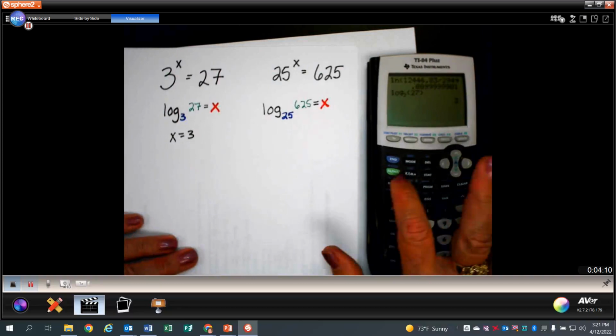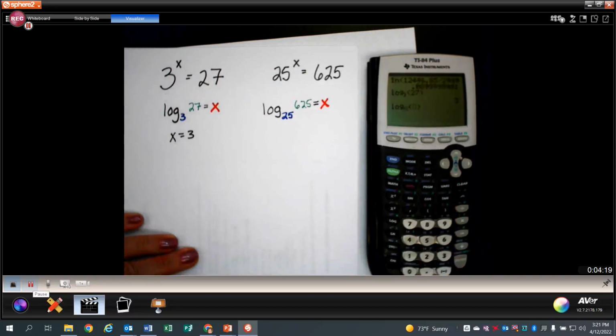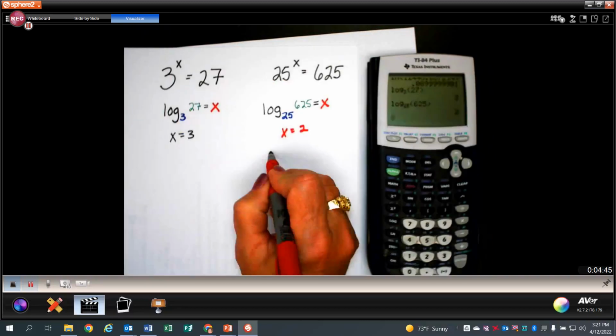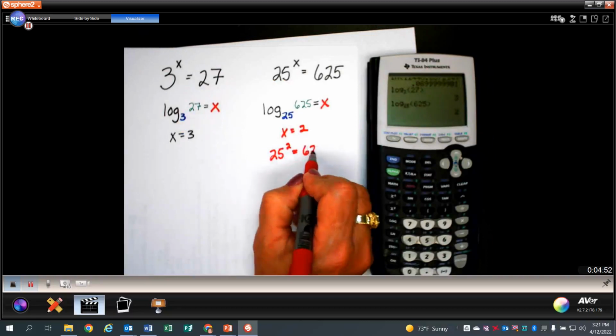So I have to hit math and scroll down. So log base 25, enter 625, and then you can do other math in here, but then you would end your parentheses. Then hit enter, and that answer, the exponent, is a 2. So x is equal to 2, which means if I take 25, the base, and raise it to the power of 2, my exponent, I get an answer of 625.